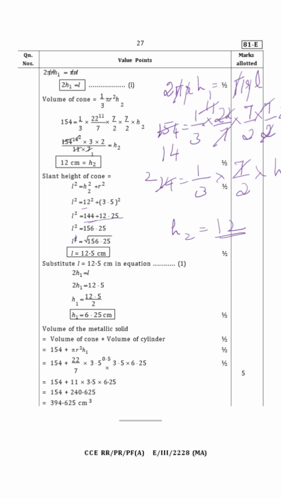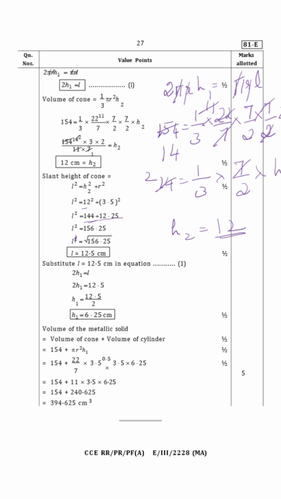Substitute L is equal to 12.5 in equation 1. This is equation 1, 2h1 is equal to L. So h1 is equal to 12.5 by 2, that is equal to 6.25 centimeter.